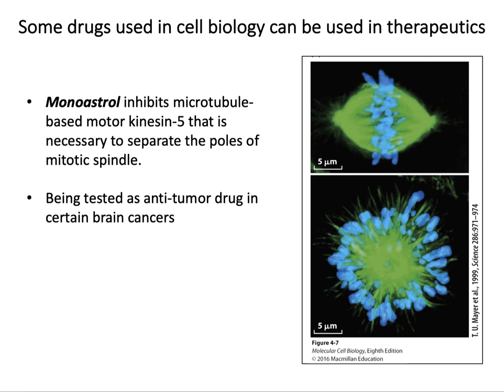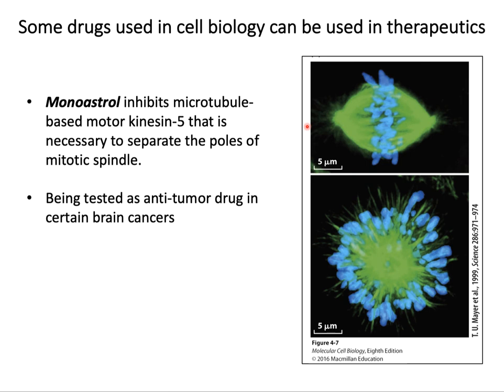Monastrol is a drug that inhibits a motor protein known as kinesin 5 associated with microtubules. We will talk about this in detail when we study the cytoskeleton. In brief, the kinesin 5 motor is necessary to push the spindle poles apart to form a mitotic spindle that is needed for chromosomal segregation during cell division, or mitosis.